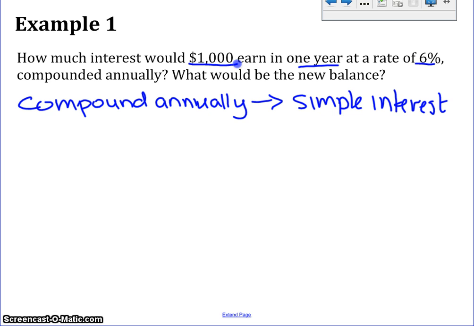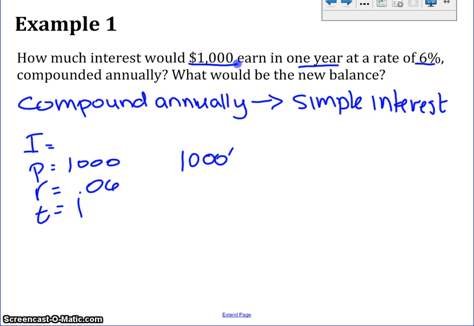So we're going to go back to what we were doing before. I equals, P equals, R equals, and T equals. And it says $1,000, 1 year, at a rate of 6%. So when we plug that in, we've got 1,000 times 0.06 times 1 equals $60.